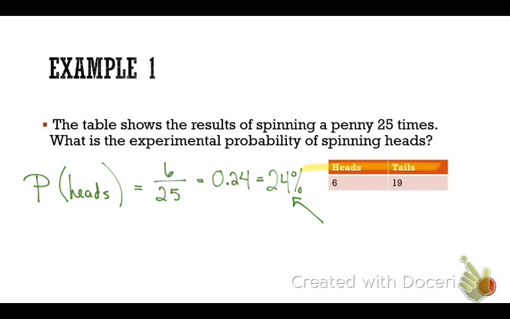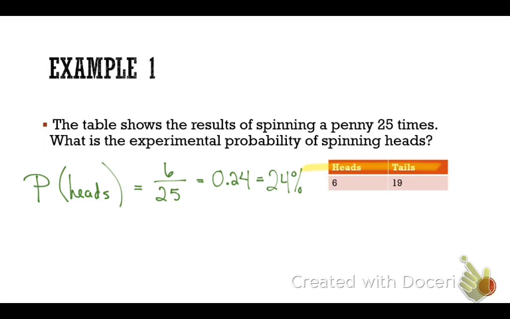Okay? So I'm going to talk more about this in a minute, but I just want to plant this thought in your head. Experimental probability, when it's basically not very many tries, 25 times spinning it is not very many, okay?